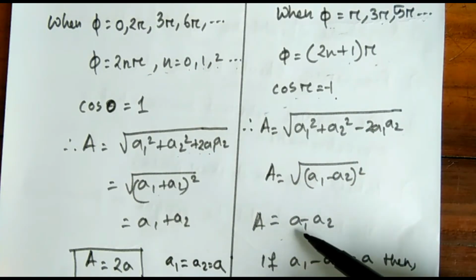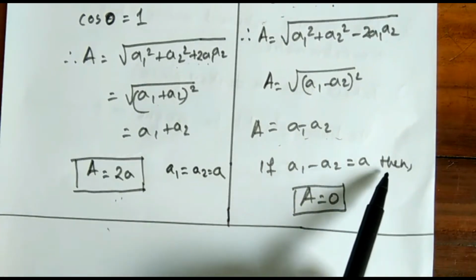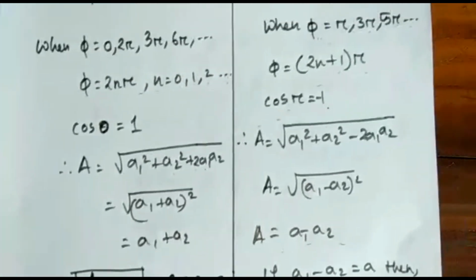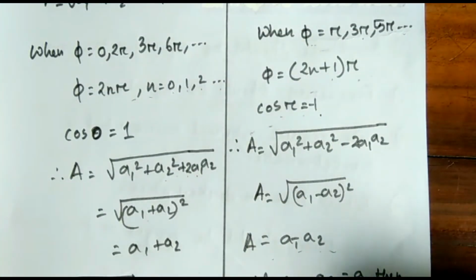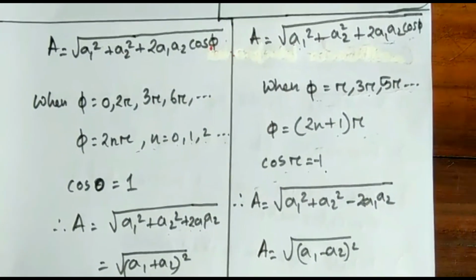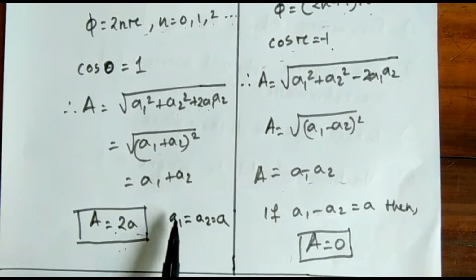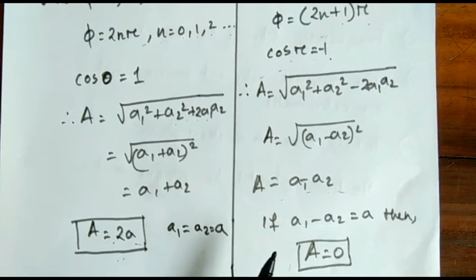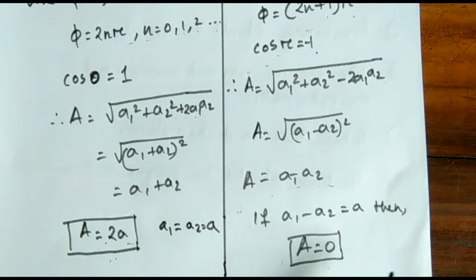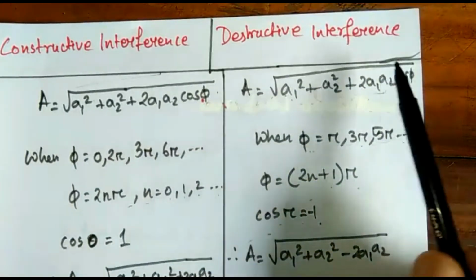So we can write a as a1 minus a2. So if a1 equals a2, then the resultant is 0. So destructive interference is for amplitude 0. So I repeat, when the amplitude is 2a, that is maximum, we get constructive interference. And when the amplitude is 0, that is minimum, we get destructive interference.